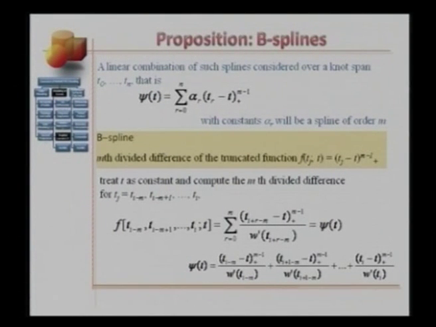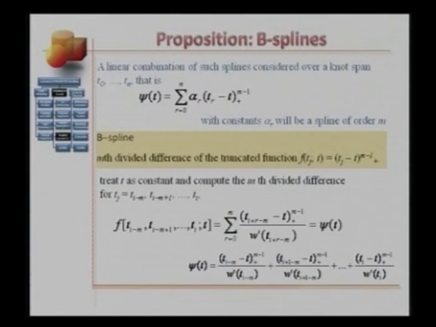Let me expand this summation here and write psi t as (t(i-m) minus t) truncated raised to m minus 1 over w prime evaluated at t(i-m), plus (t(i+1-m) minus t) truncated raised to m minus 1 over w prime at t(i-m+1), up till the last term, which is (ti minus t) truncated raised to m minus 1 over the first derivative of w evaluated at ti. You will have m plus 1 terms like these.